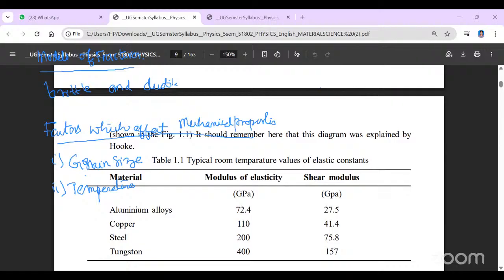Suppose you raise the temperature, because some machines are maintained at higher temperature in engineering applications. When we raise the temperature, the yield stress, toughness and tensile strength decrease. Young's modulus also decreases with increase in temperature.